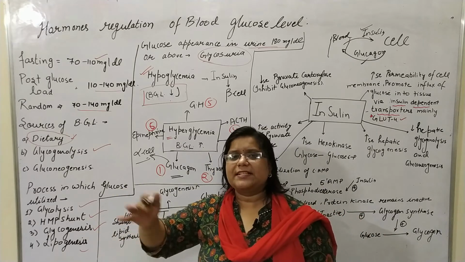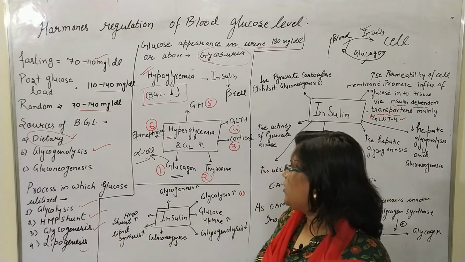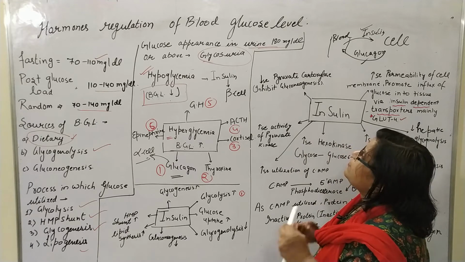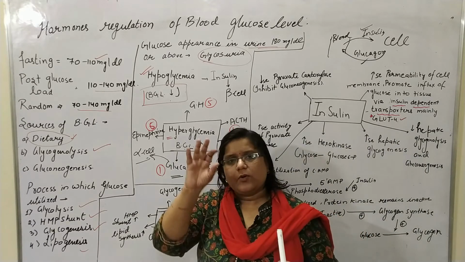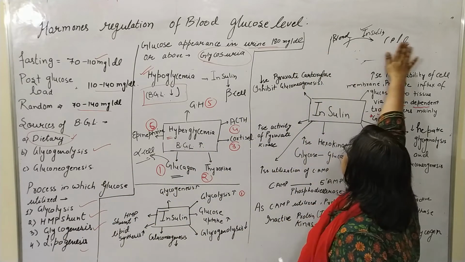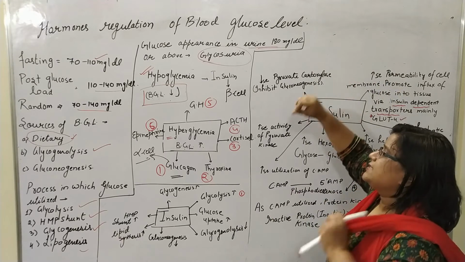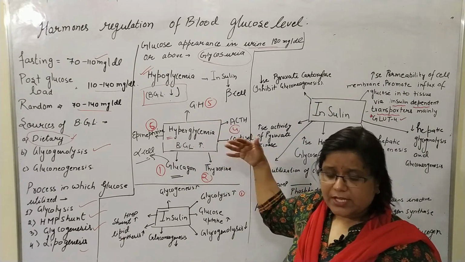Both are present in the islets of Langerhans in the pancreas. The hypoglycemic condition is developed only by insulin, whereas the hyperglycemic conditions are developed through many hormones.